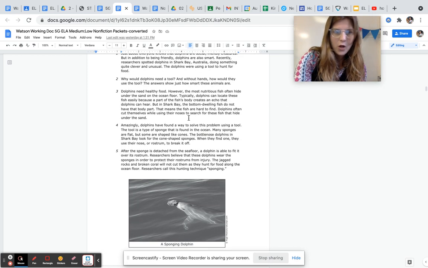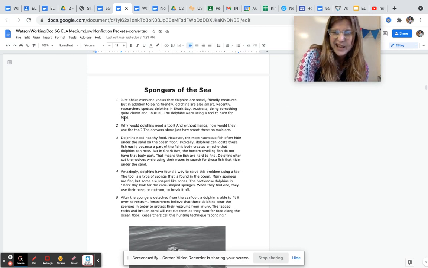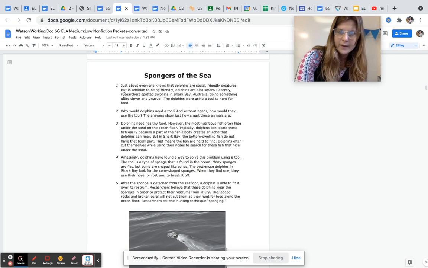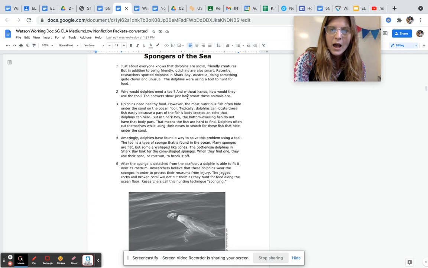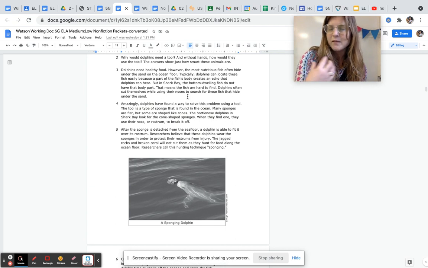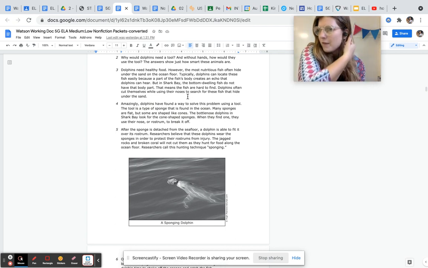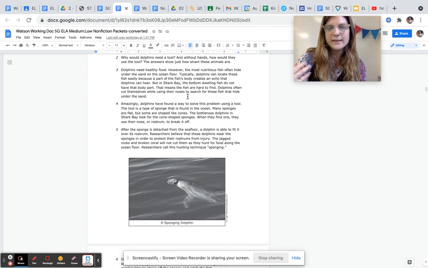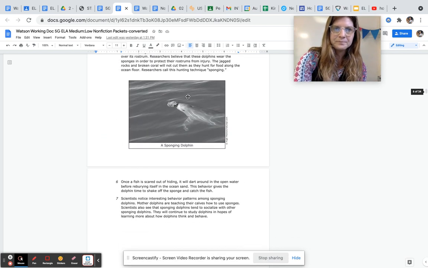But if I look at the whole article, right, it's basically telling me how a specific kind of dolphin, these spotted dolphins in Shark Bay, use a sponge to help them hunt for food and protect themselves when hunting at the bottom of the ocean so that their noses don't get cut or injured.